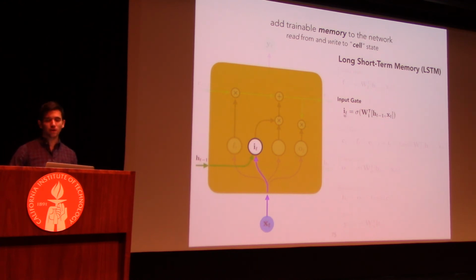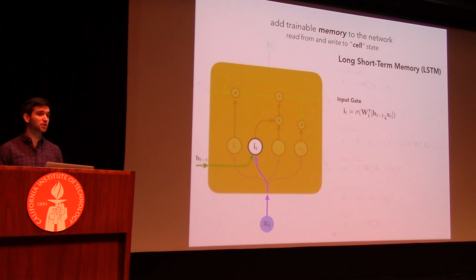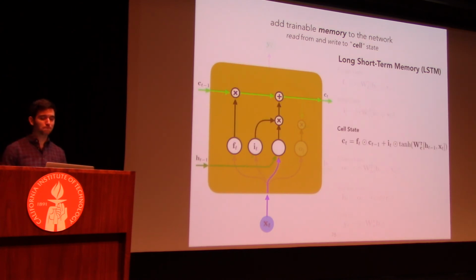Again, this input gate takes in these parameters and is usually mapped through a logistic sigmoid from 0 to 1. Now the cell state takes in some new information that's coming through this hyperbolic tangent applied to the previous hidden state and input.